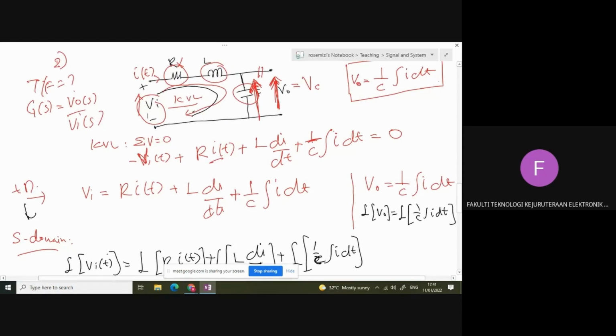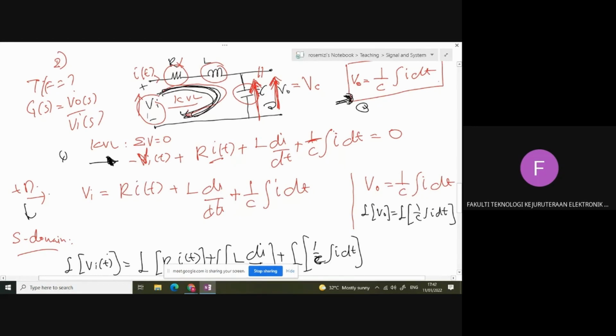By using the time domain, we derive the equation and we get this equation for this loop, and for this one, this equation. So we have two equations: equation number 1 for this KVL loop, and equation number 2 for this loop.